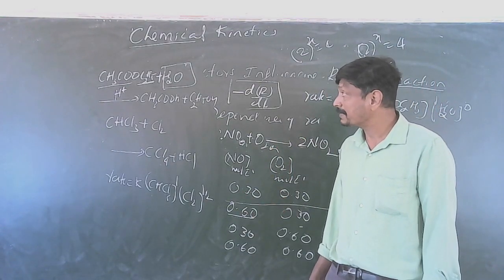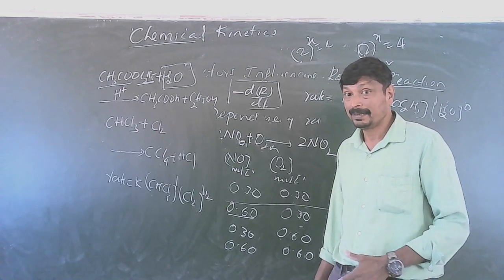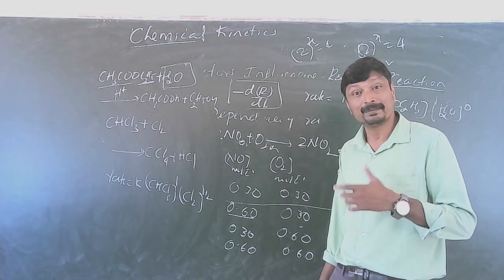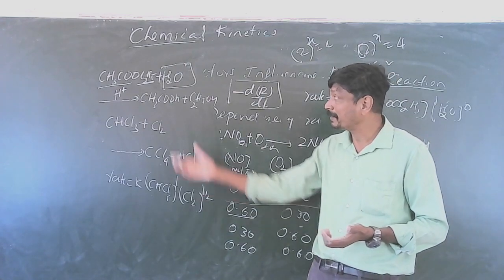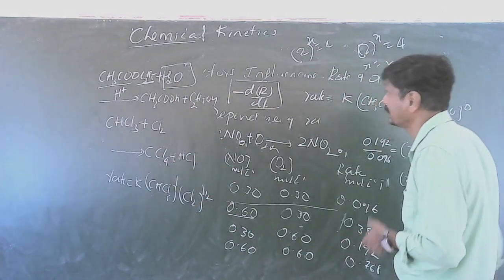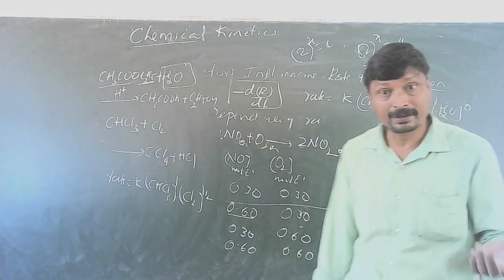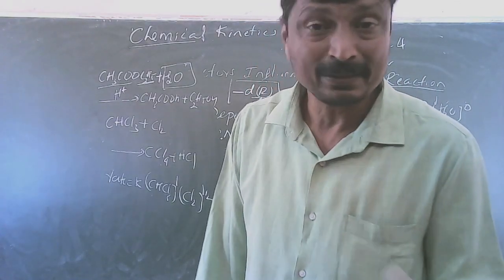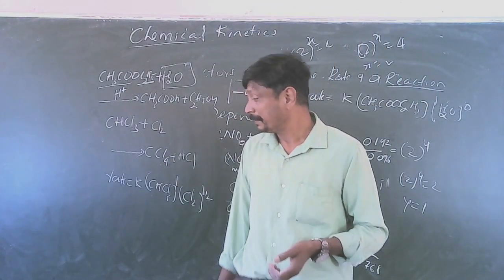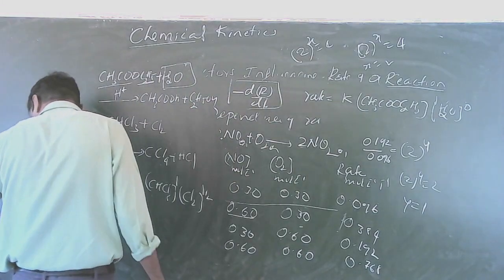In some cases the exponent is the same as the stoichiometric coefficient. In some cases it may be different. So when is it the same and when is it different?